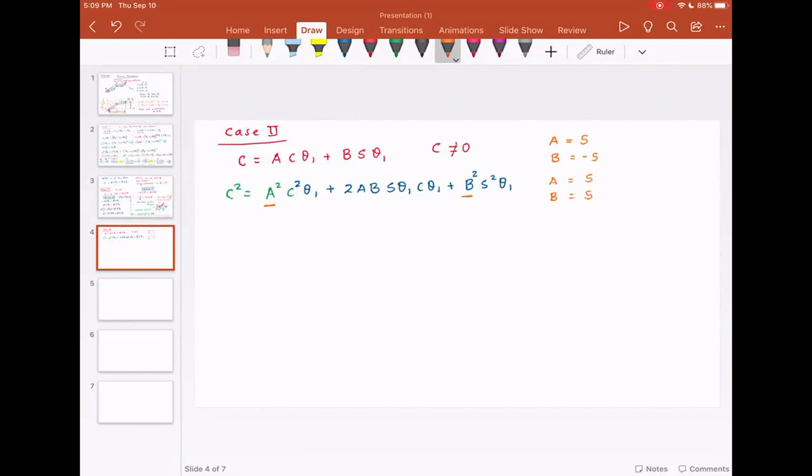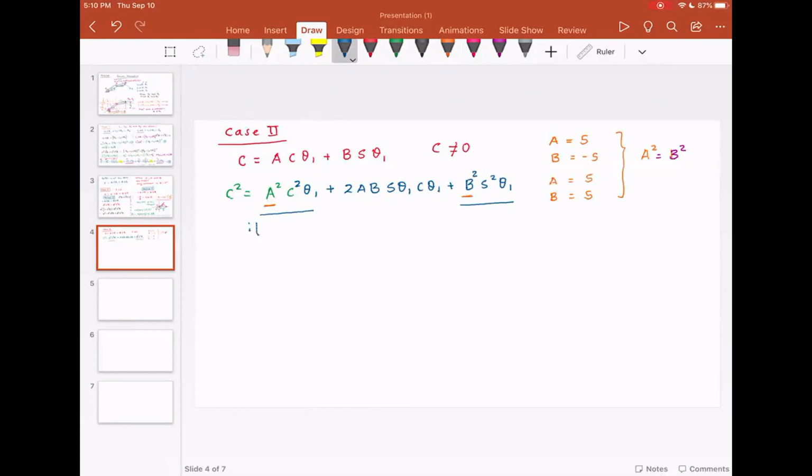That case will work too, which means if you have a condition A square is equal to B square, these two terms can now be combined. So you can combine these two terms.